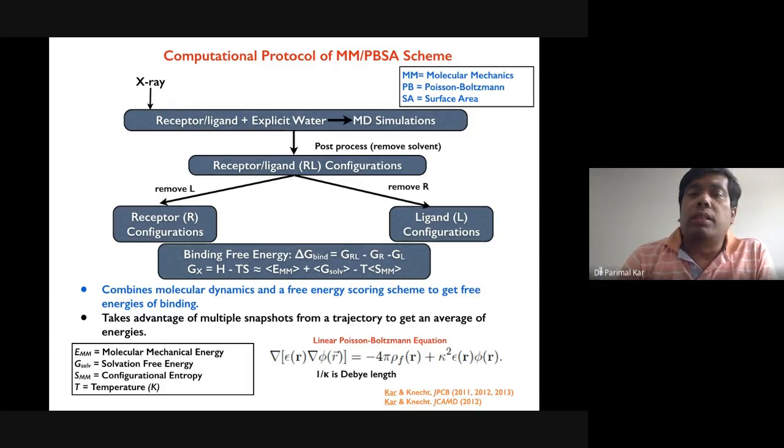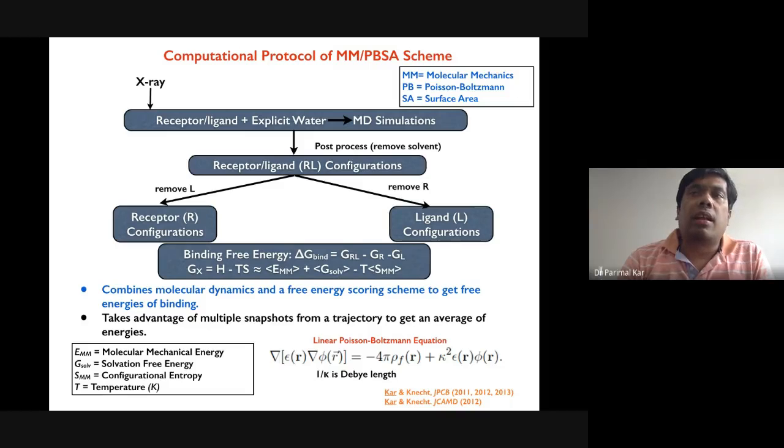Now from these complex conformations, you can remove the coordinates corresponding to the ligand. Then you will have only the receptor part, that is the protein part. And if you remove the coordinates corresponding to the receptor, then you will have the coordinates corresponding to the ligand. Okay, so that means from a single trajectory simulation, you can have 3 trajectories.